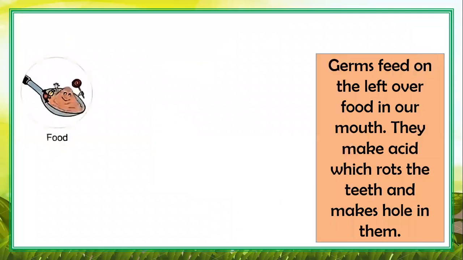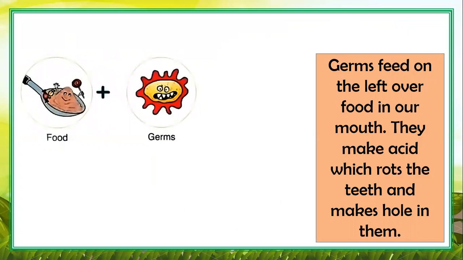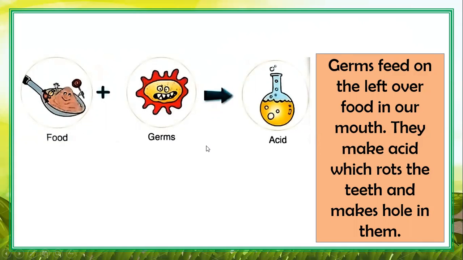So as you can see, germs feed on the leftover food in our mouth. So once you eat and you didn't brush your teeth, there will be food left over in our mouth. And then, plus the germs, it will produce acid. So the acid makes our teeth rot.